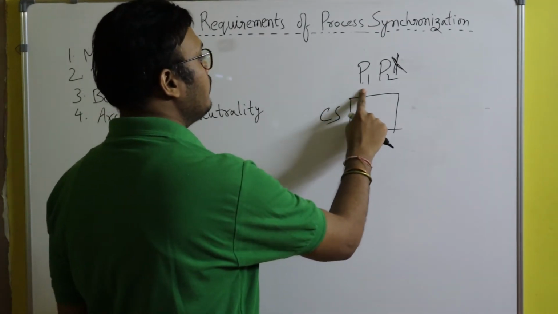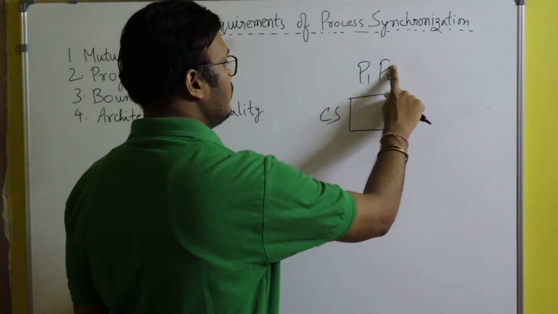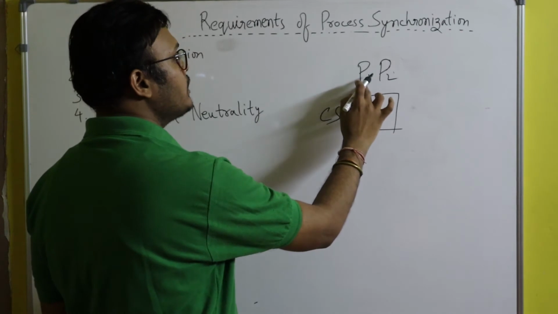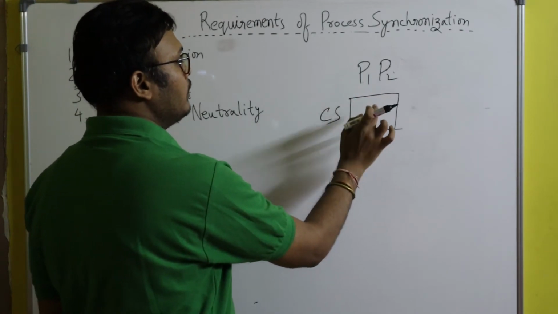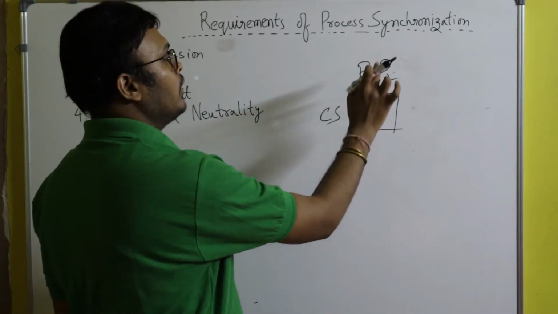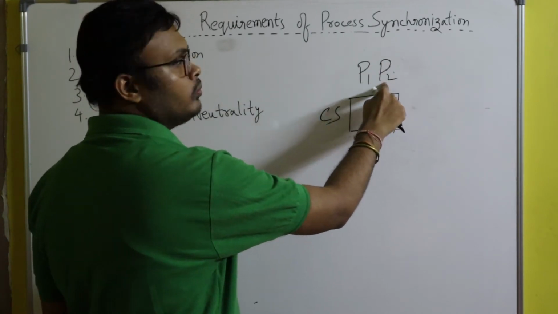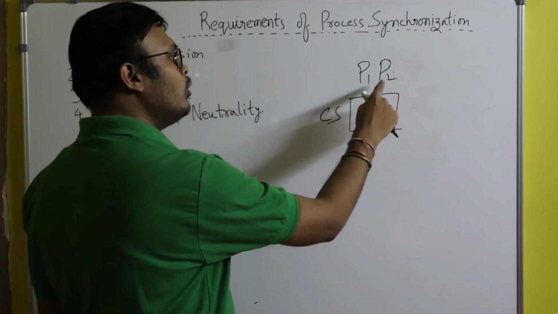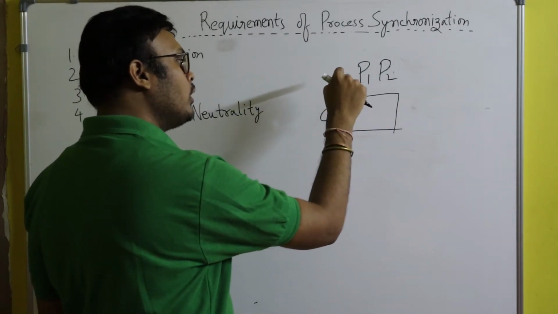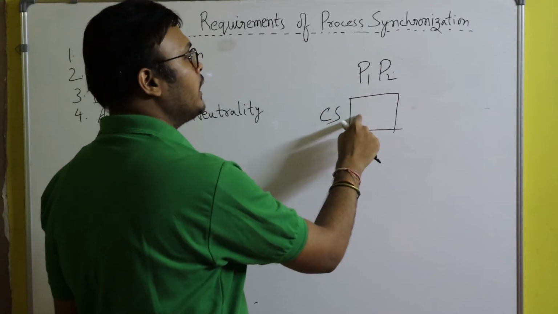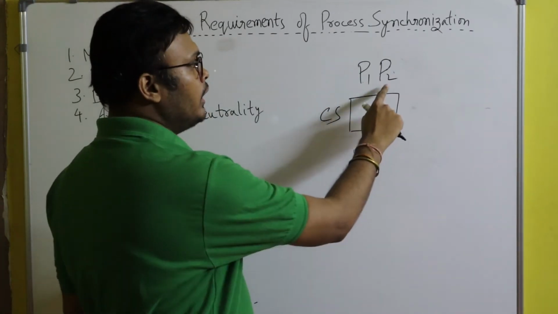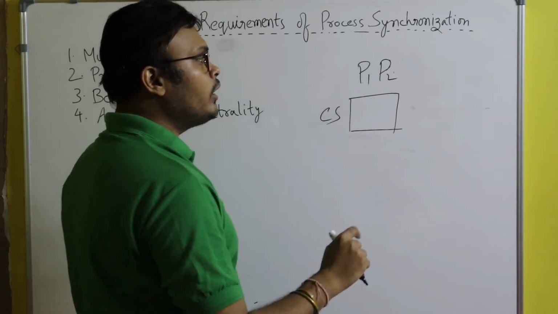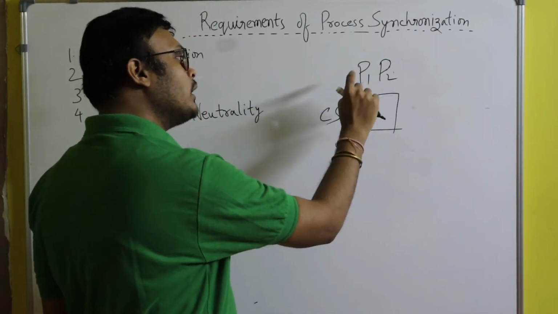I mean to say, process P1 desires to get inside this room, and process P2 has no interest, but it will also not let process P1 enter. It has no interest to enter, so it will not enter, and it will also not let others enter.